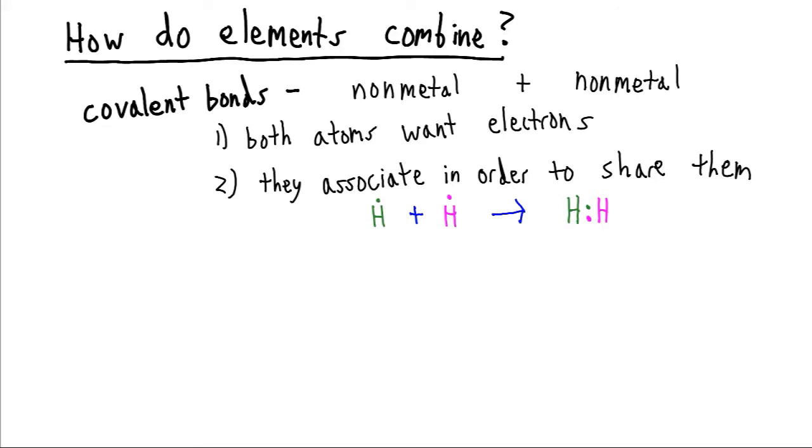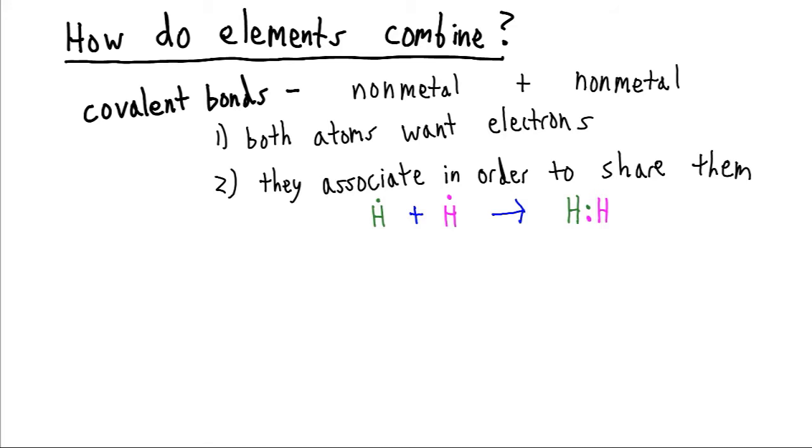Well, one way that they can get these electrons they desire is that they can associate with each other. And so here we have hydrogen, which has one electron, and we have another hydrogen, which also has an electron. These two hydrogens can combine together in order to give us hydrogen gas. And this is true for many of the nonmetals, that they form these diatomic gases.